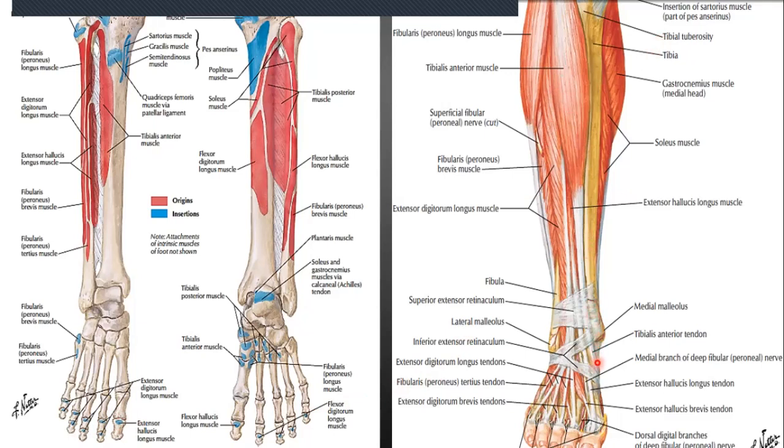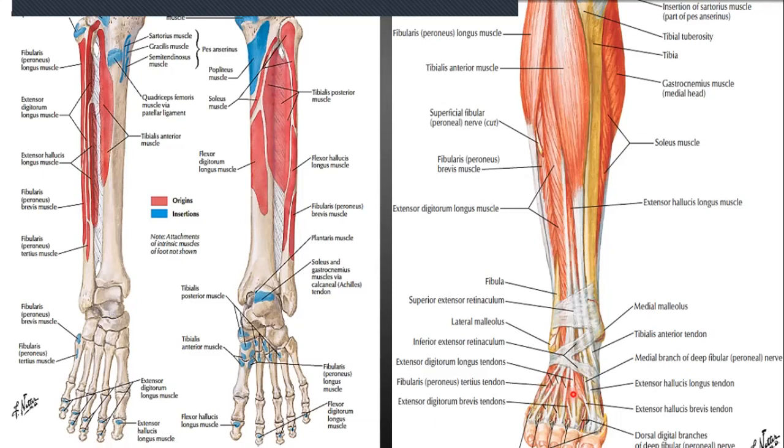So here are the muscles there. You can see its tendon will go to insert into the medial surface of the cuneiform and the first metatarsal. And this is the extensor hallucis. It will come to insert here. And you can see this extensor digitorum.